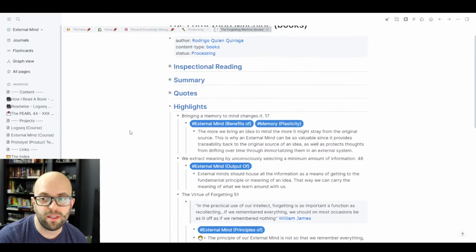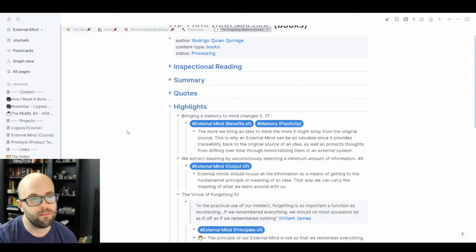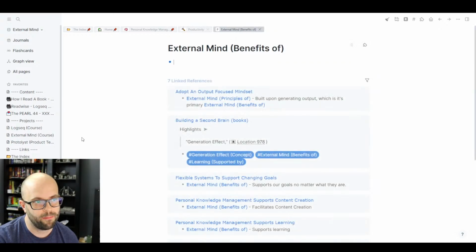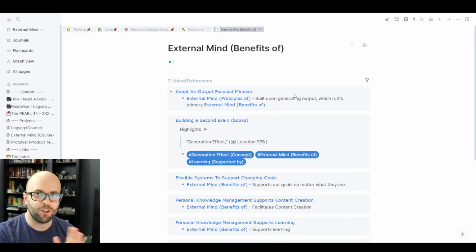If I were to turn this into a main note, what I usually do is look at that tag here and check whether there's already a main note within my system that is related to that idea, because I don't want the same idea showing up multiple times throughout my system.